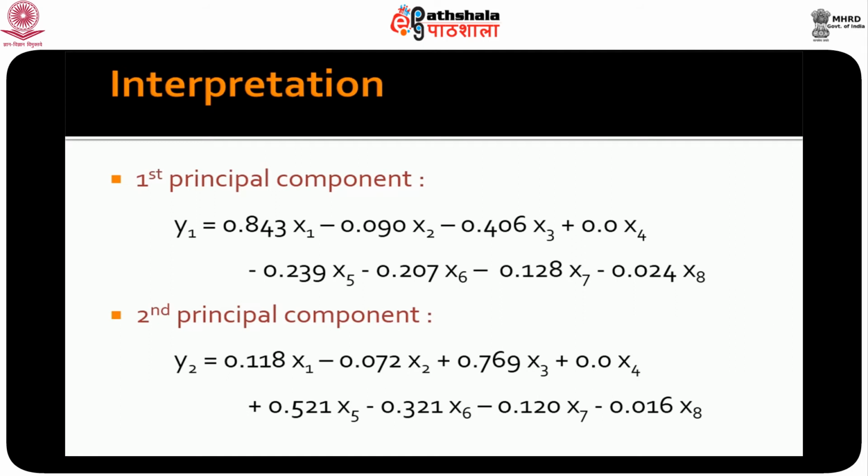Then the first principal component would be given by minus 0.341 x1 minus 0.346 x2 minus 0.364 x3, etc. minus 0.334 x8. Similarly, the second principal component would be given by 0.46 x1, 0.434 x2, etc. up to minus 0.524 x8. So, these are basically the linear combinations that we can have.